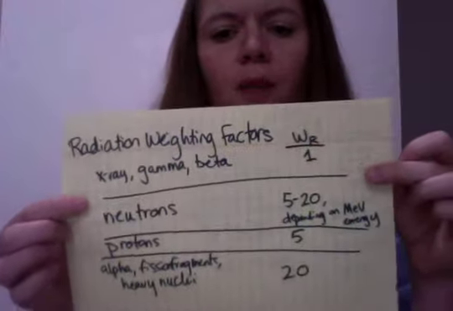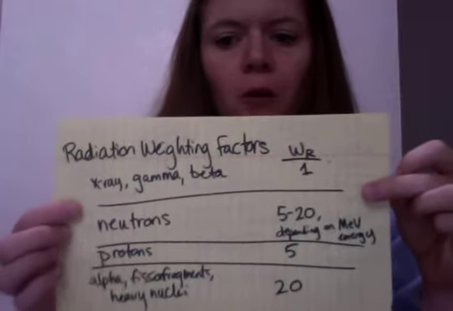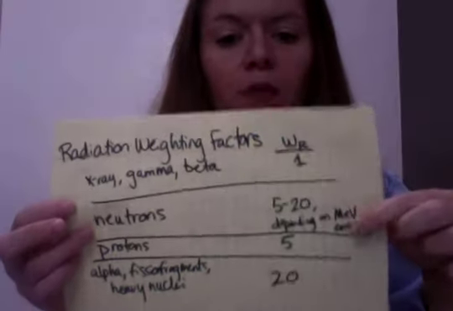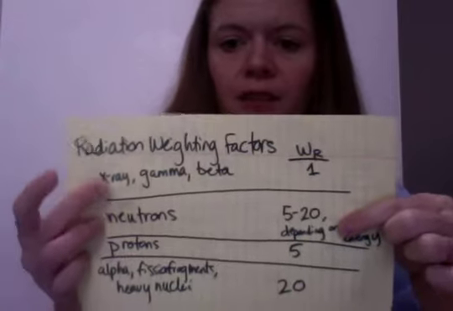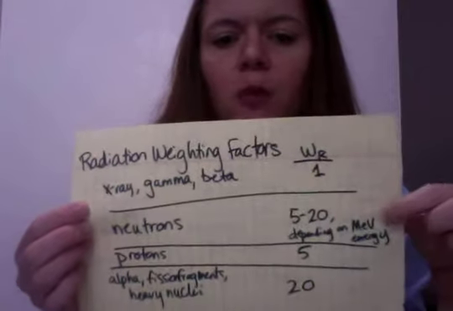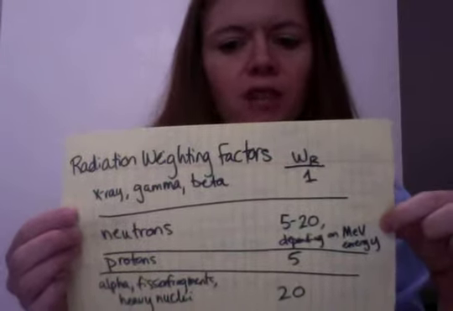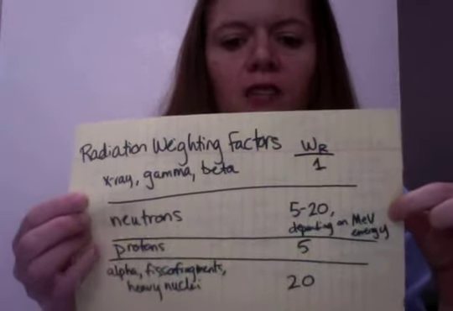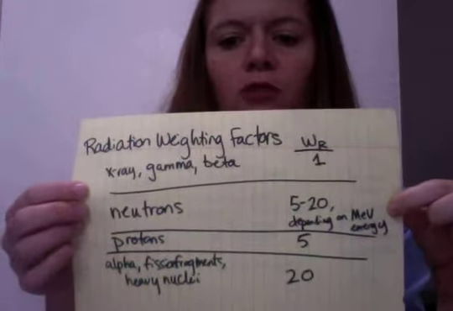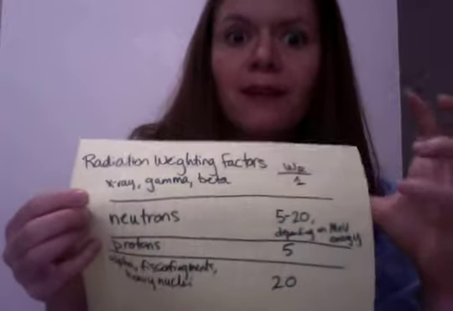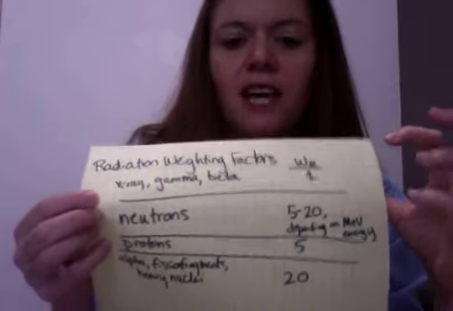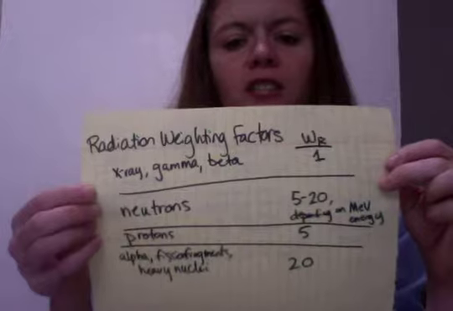So for X-ray, gamma ray, beta ray, it's 1. You just multiply by 1. For neutrons, it's bigger than 1 because they are more damaging than this type of radiation. So it's 5 to 20 depending on what the exact energy of that neutron is. Protons, it's also 5. And then alpha particles, fission fragments, heavy nuclei, big things that are going to cause a lot of damage to our DNA, the radiation weighting factor is 20.